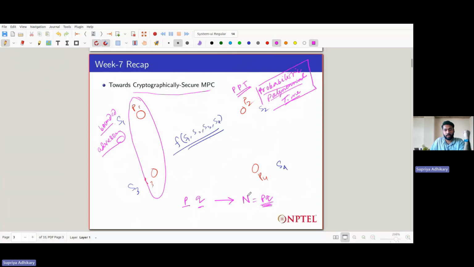Computing n from p and q is easy, or you can say it can be done in polynomial time. So using this problem, we can create a cryptographically secure MPC protocol.